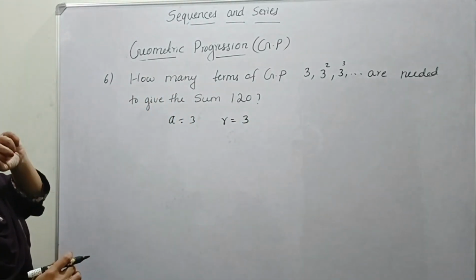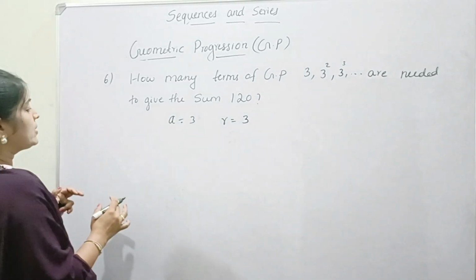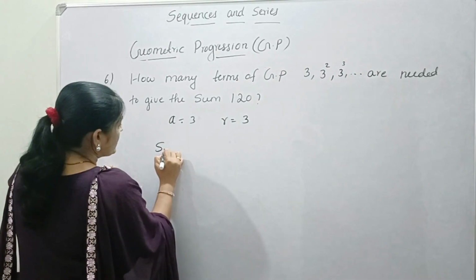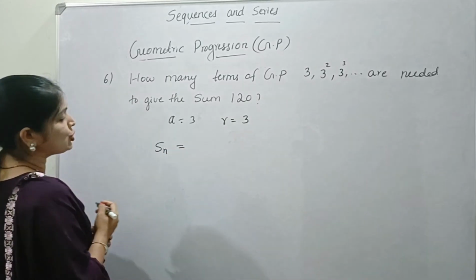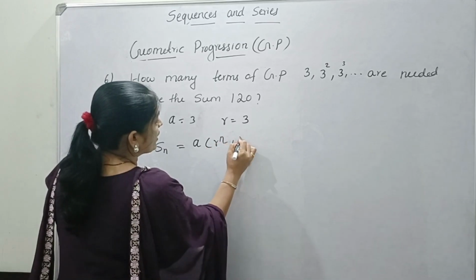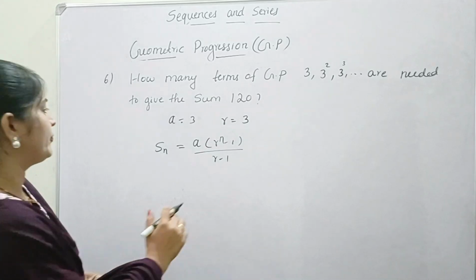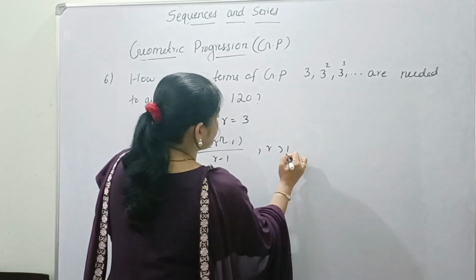So A is equal to 3, R is equal to 3. Now first of all, we will write the sum to n terms in GP. Sn is equal to A into R raised to n minus 1 divided by R minus 1, when R is greater than 1.